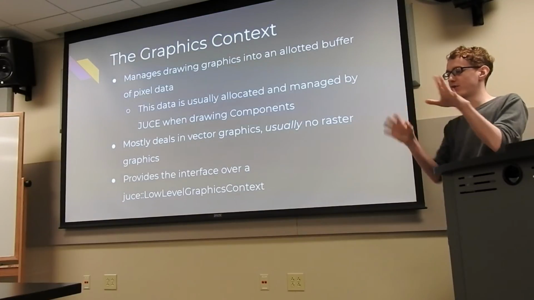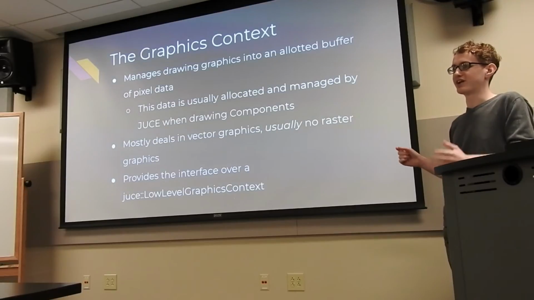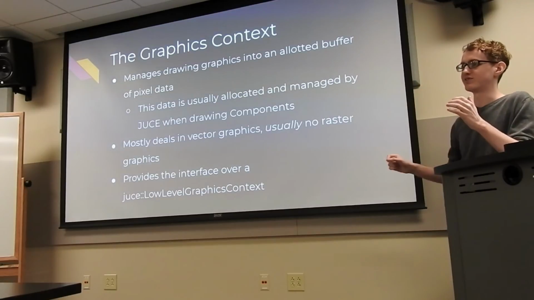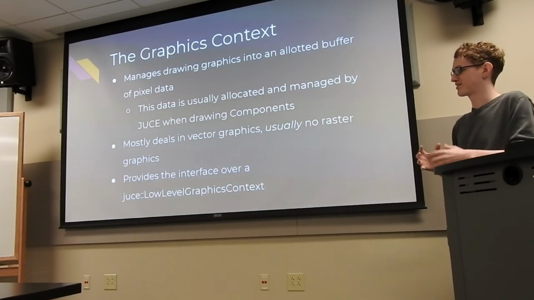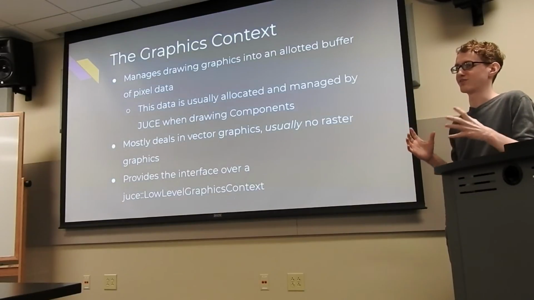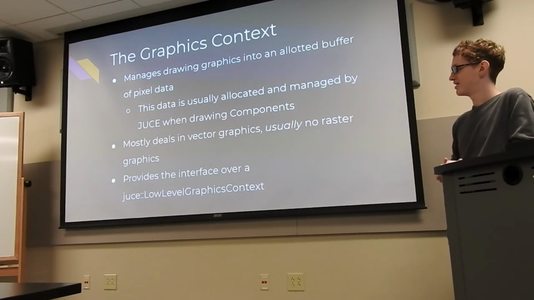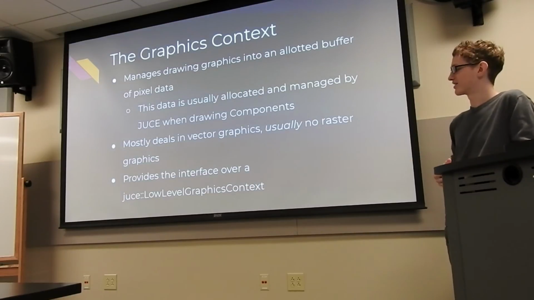So you can say draw a path and draw all this stuff, and instead of drawing it to screen, it writes it out as an SVG text document. You could stick one of the SVG low-level contexts into some big complicated user interface that's already been designed, and it'll spit out a big SVG that is that exact thing.